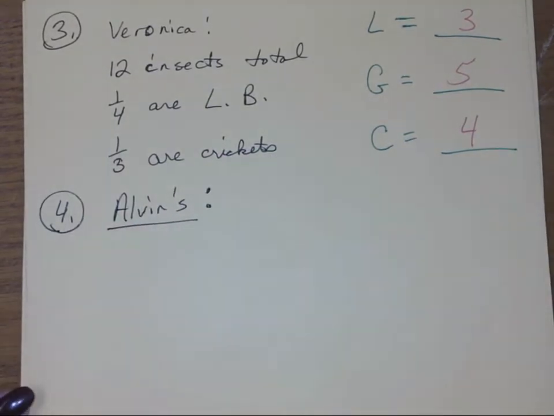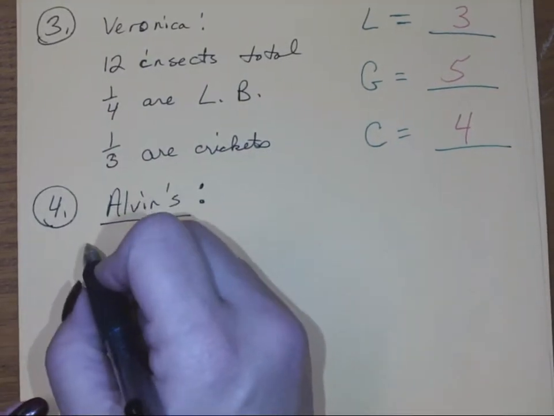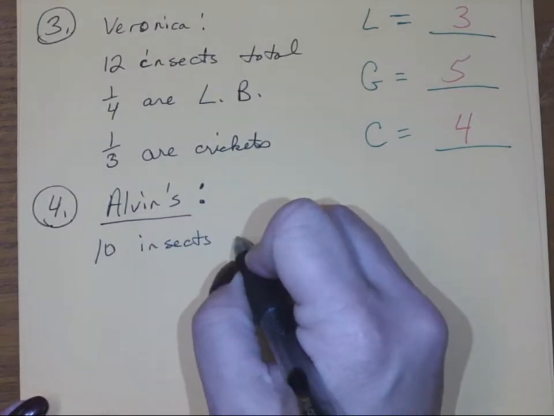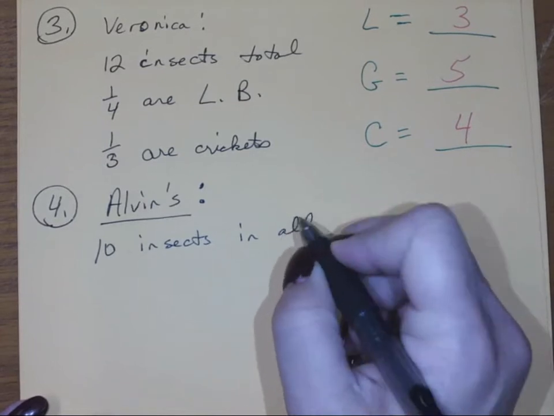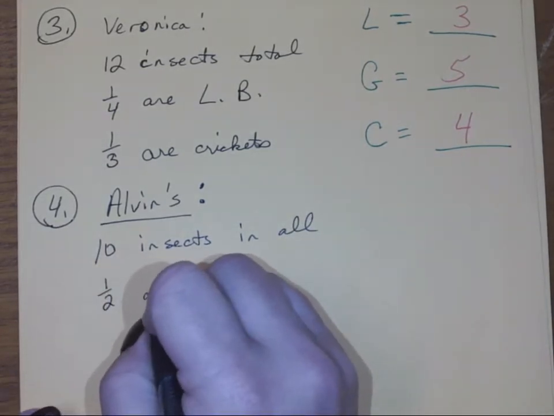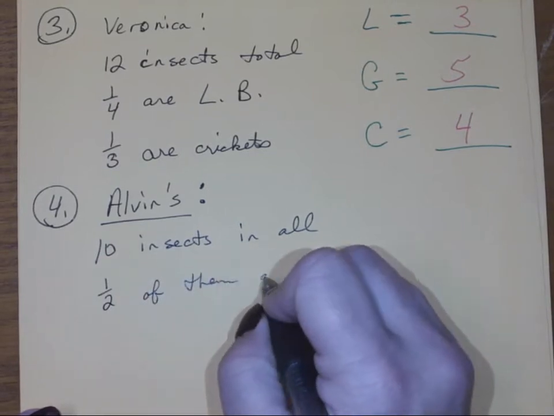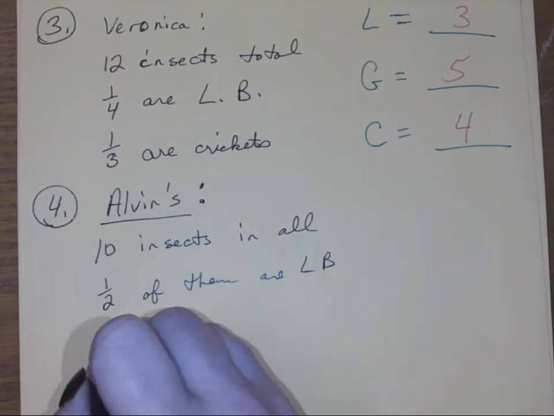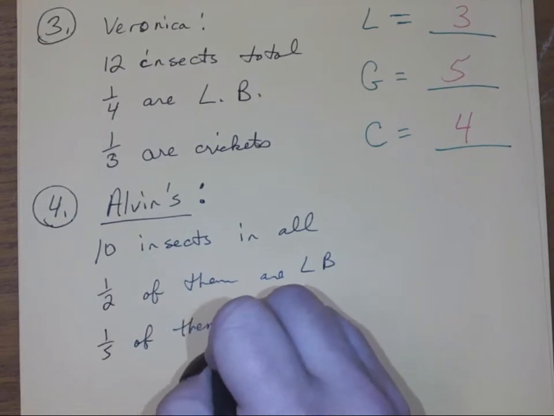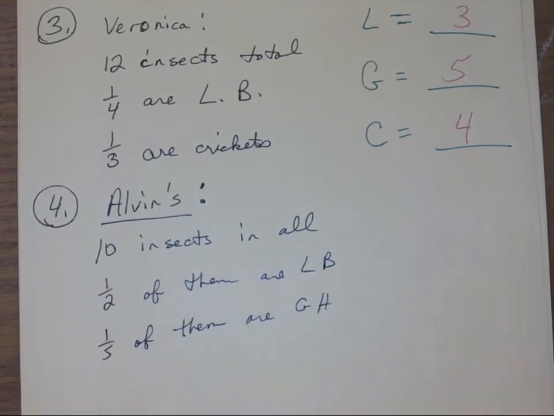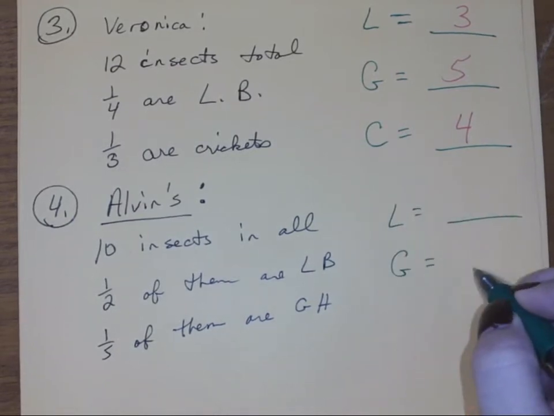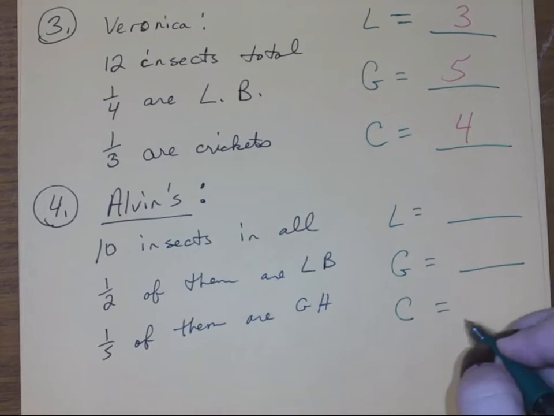If you've got some kind of manipulative there at your house, pennies, nickels, and dimes, or actual color tiles, whatever it is, you can do it. Alvin has 10 insects in all. 1/2 of the insects are ladybugs, and 1/5 of the insects are grasshoppers. So as you're working on that, go ahead and figure it out.